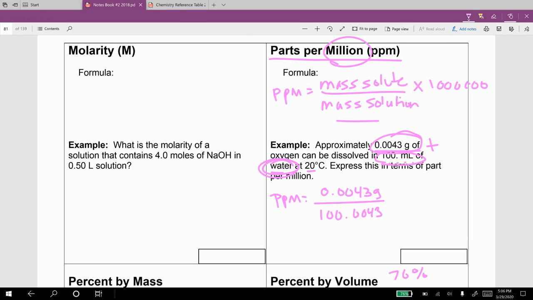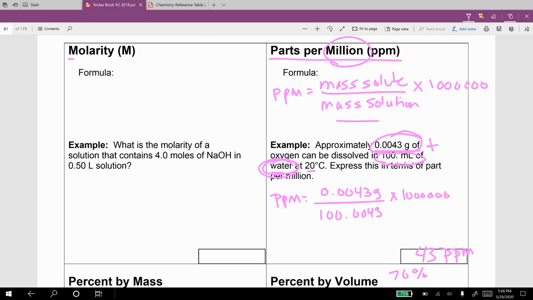I know it looks like you're not adding a lot and you think it doesn't matter, but it really does. And then times a million. 1, 2, 3, and then 4, 5, 6. So this comes out to be 43 parts per million. So it means out of every 1,000,000 parts of water, 43 of those are oxygen.